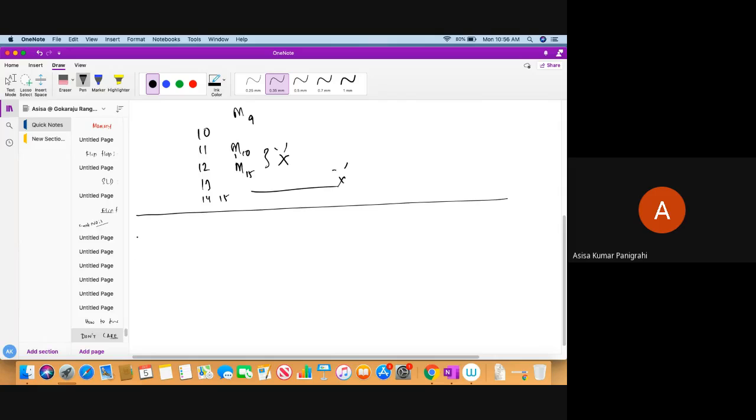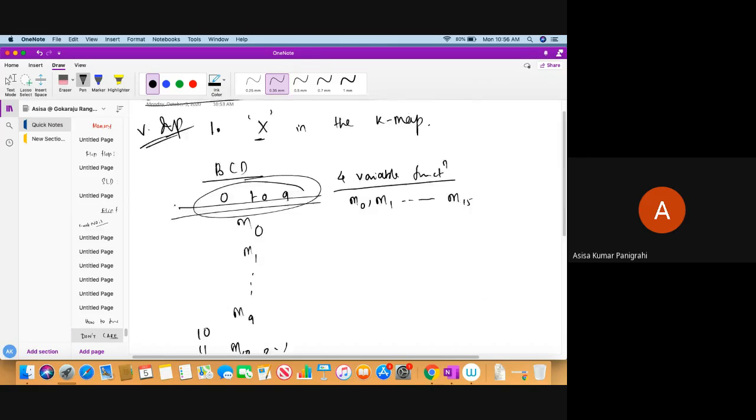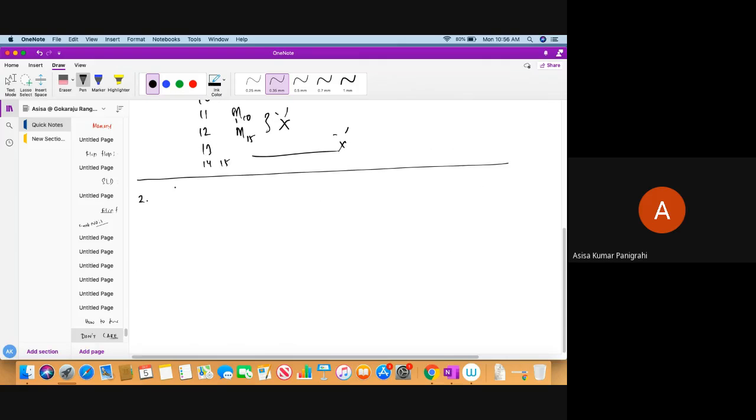Next, about don't care, second point. It can be used as min terms or max terms, depending upon the simplification process. Don't care is represented as capital X, and don't cares can be used as min terms or max terms depending upon the simplification procedure.